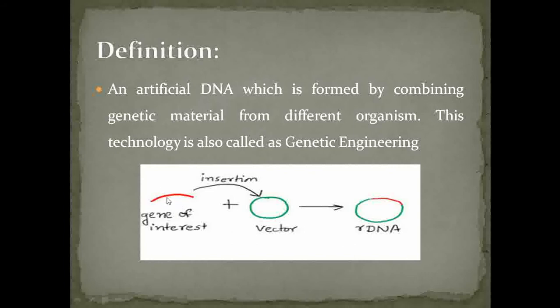So this is your gene of interest, and whenever your gene of interest gets inserted into the vector, the vector also has its own DNA, and it gets combined along with the DNA of that vector. That formulated DNA we call an rDNA. That's why it is called a recombinant one.